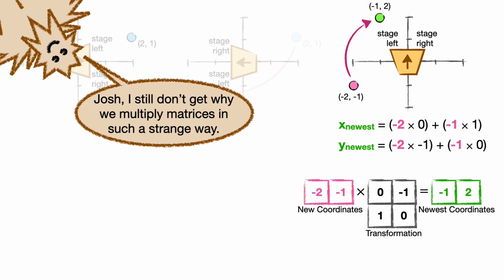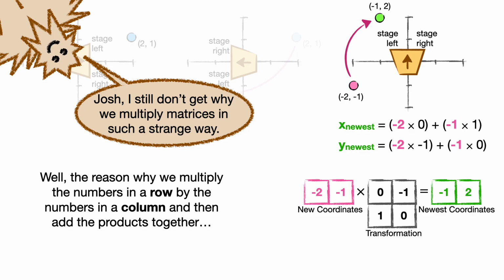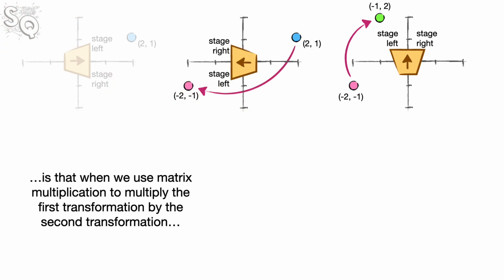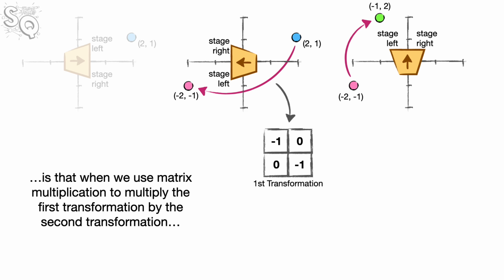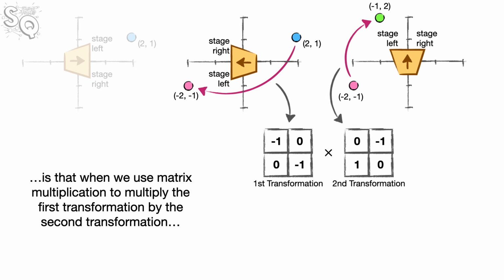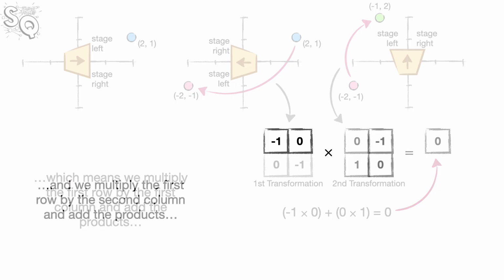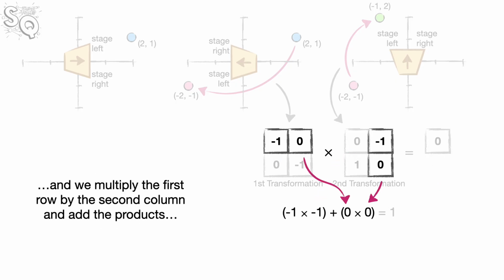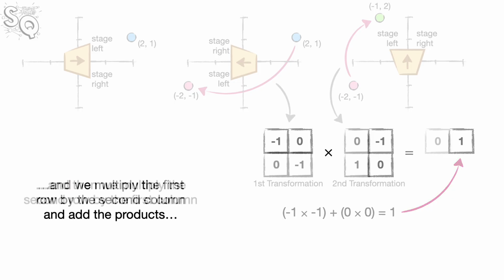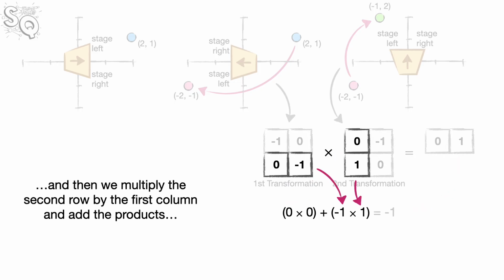Josh, I still don't get why we multiply matrices in such a strange way. Well, the reason why we multiply the numbers in a row by the numbers in a column and then add the products together is that when we use matrix multiplication to multiply the first transformation by the second transformation, which means we multiply the first row by the first column and add the products, and we multiply the first row by the second column and add the products, and then we multiply the second row by the first column and add the products.